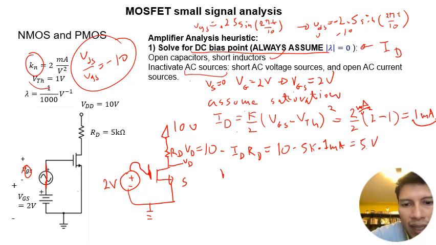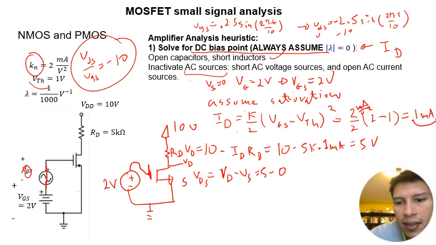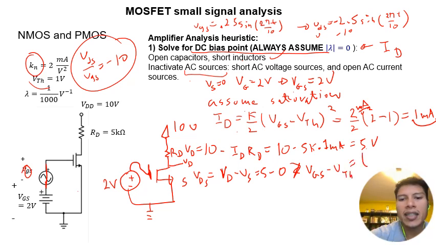And so we have that VD minus VS, which equals 5 minus 0, and that's VDS, is greater than VGS minus V threshold, which is actually equal to 1. And so indeed, we are in saturation.